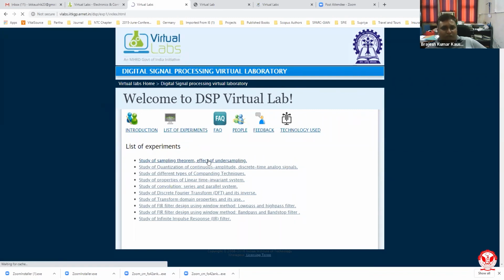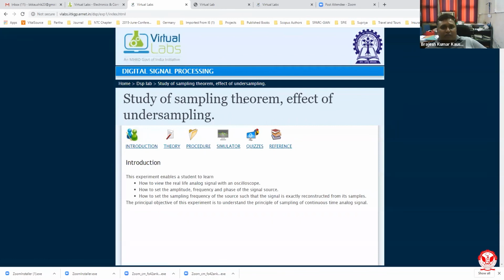So the first experiment, if you see, is related to the study of sampling theorem, effect of undersampling, so on and so forth. Each of these lab sessions is supported by different theory also. The theory would be explained here, and the introduction lets you know what kind of experiment is going to be done and what the student is going to learn out of it.